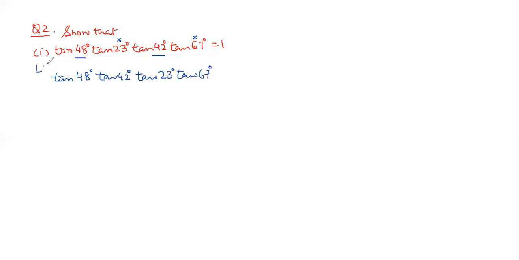I've taken the left hand side to simplify. Now, among these two angles which are having complementary angles attached to them, I will change one only. So if suppose I decide that I will change this, then the angle attached to this will be treated as theta. So I will read it as tan theta. The formula that we have is tan theta is equal to cot 90 minus theta.